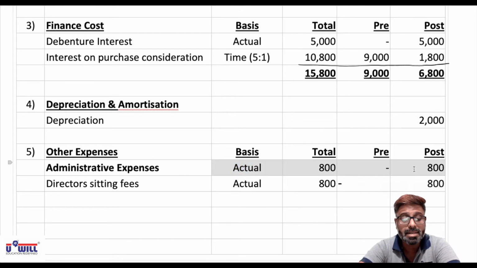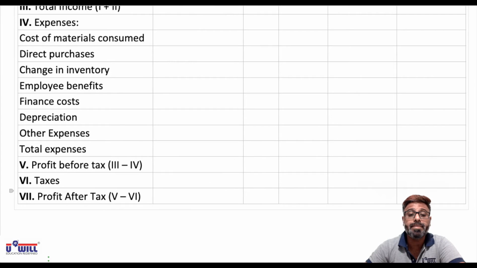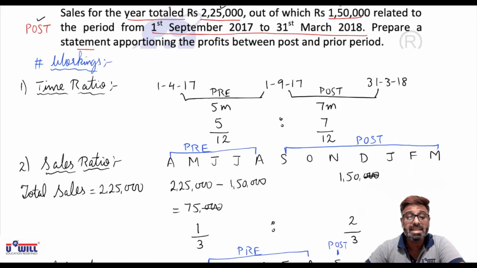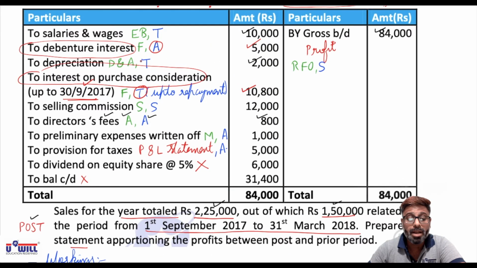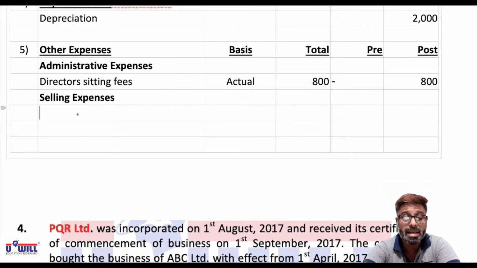Then after directors sitting fees, we will have selling expenses. All the items marked as S in green will be taken. Again, only one item is there: selling commission, and the amount is 12,000. It will go on sales basis. What is the sales ratio?